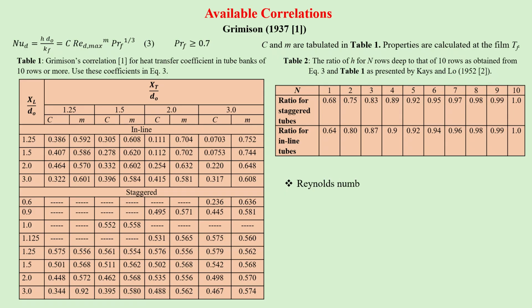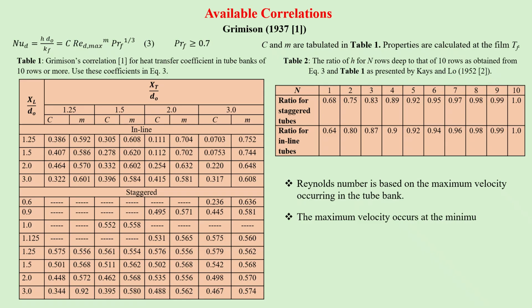These correlations are based on Reynolds number at maximum velocity, or maximum Reynolds number, and usually it occurs when we have minimum flow area. That's why we calculated the flow area before we arrived at this correlation.